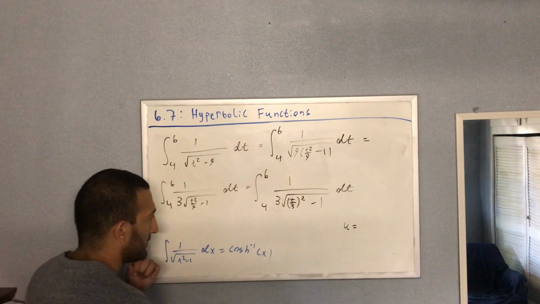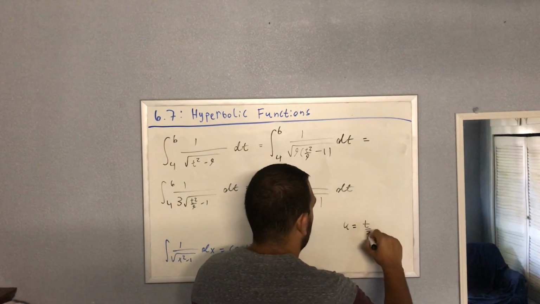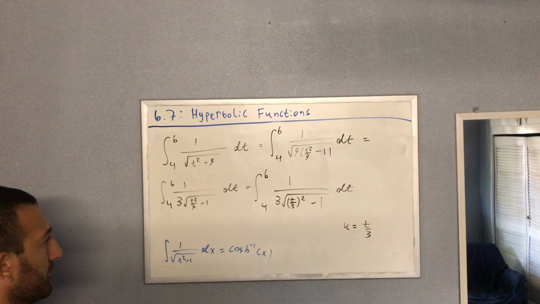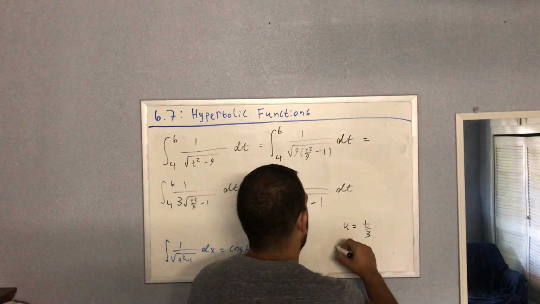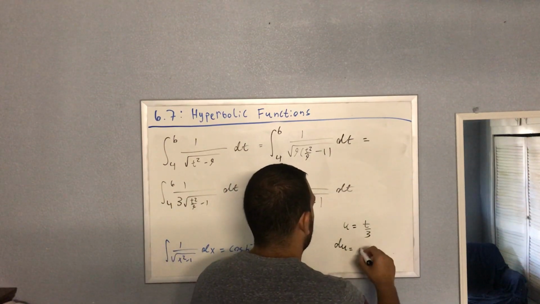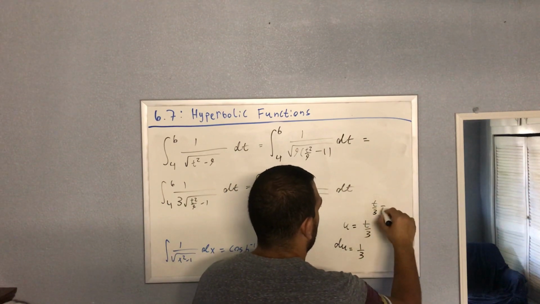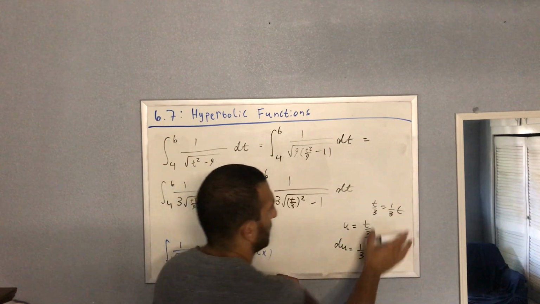Then du is just 1/3, because t over 3 is 1/3 t, so the derivative is 1/3.